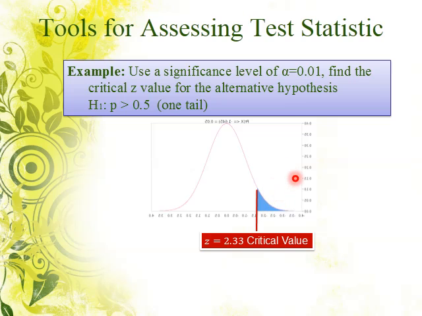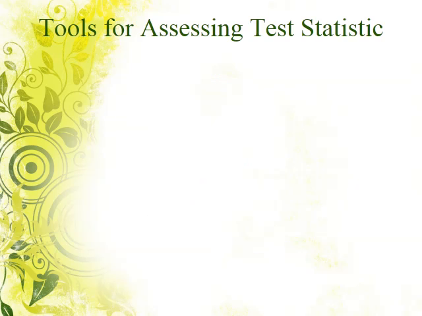We don't have to split that into two tails because this is a one-tail test, so we simply have to look up the z-value that has 0.99 to the left of it, which will be the z-value that has our 0.01 to the right of it. So look that up in your normal distribution table and see if you don't come up with a critical value of 2.33.